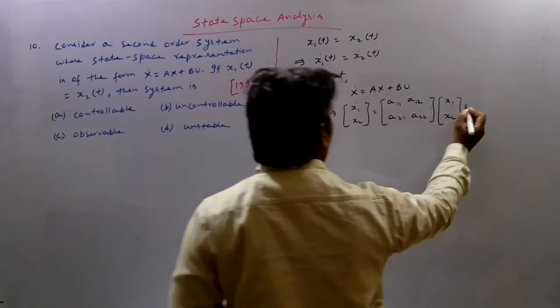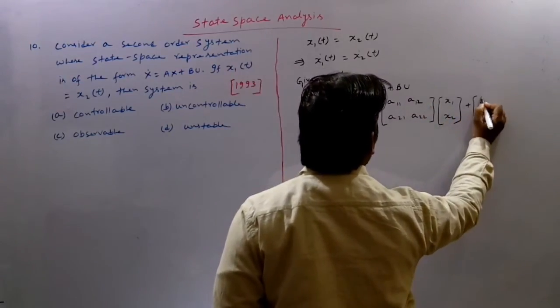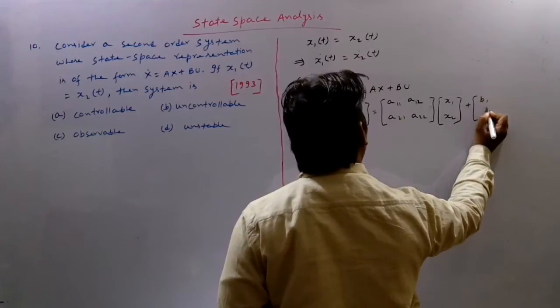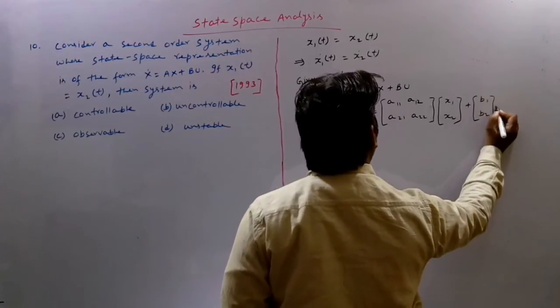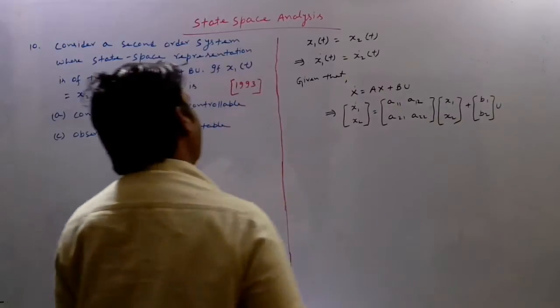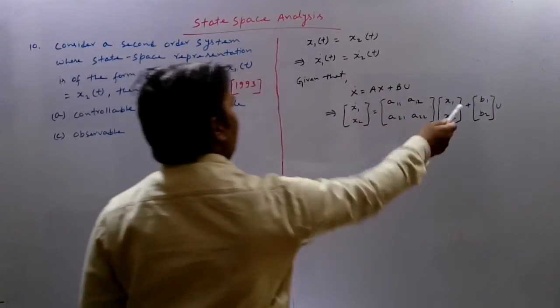Now let me write this b as b1 b2, times u. Now it is given that x1 dot is equal to x2 dot.